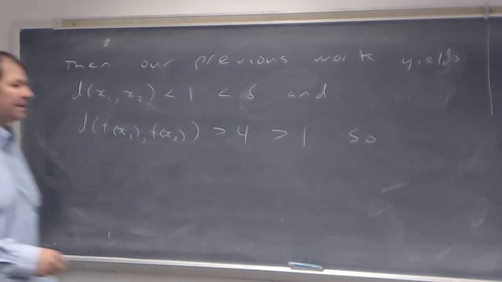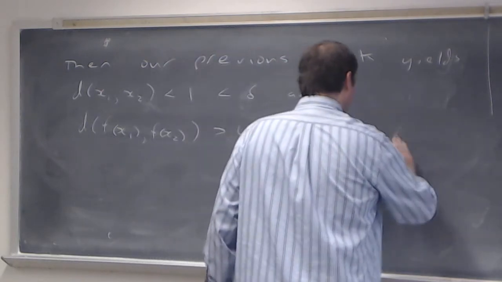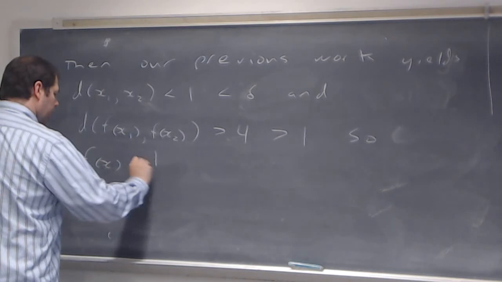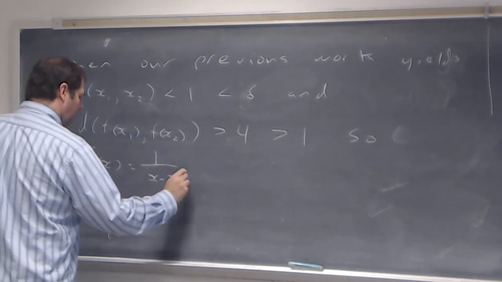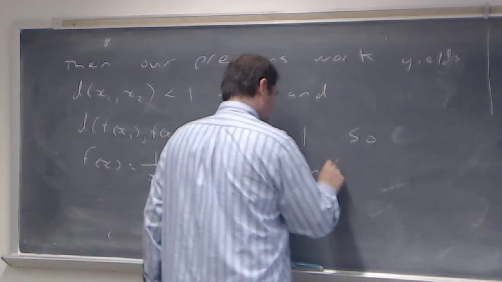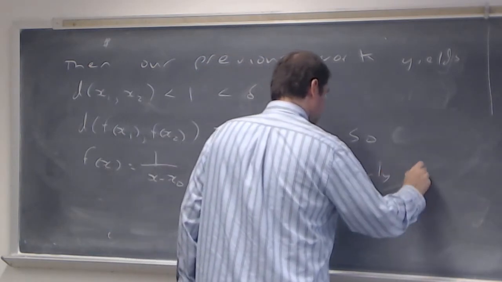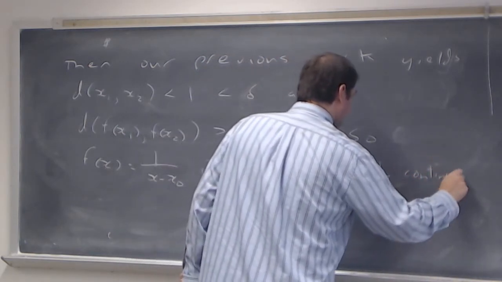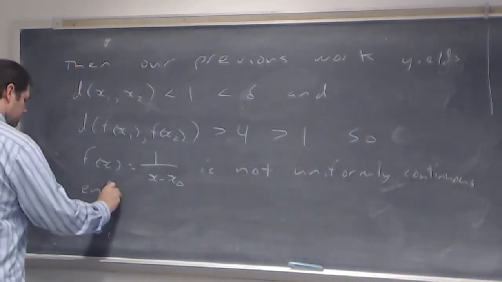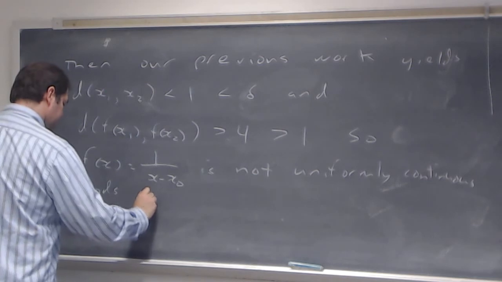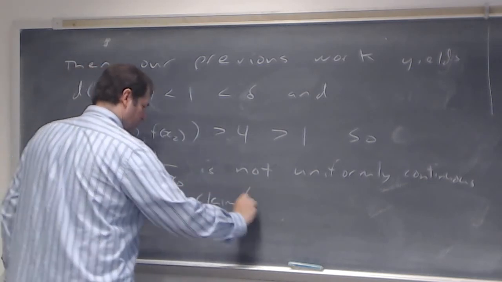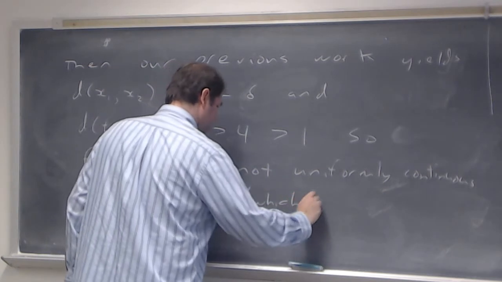So what that says is that f of x equaling 1 over x minus x naught is not uniformly continuous. And that ends the proof of claim, which is part B of the theorem.